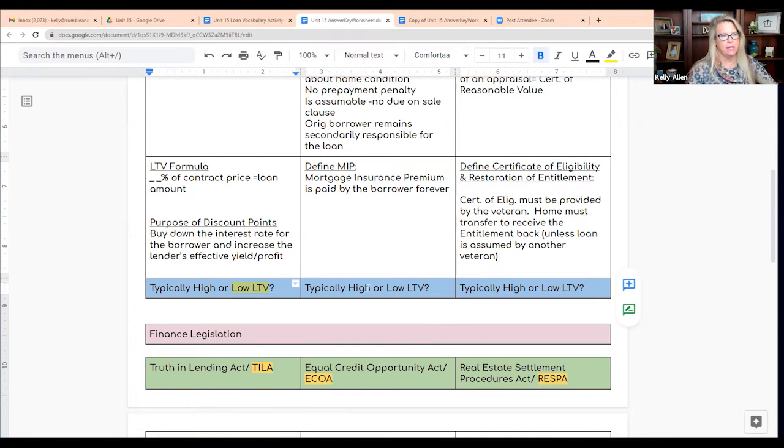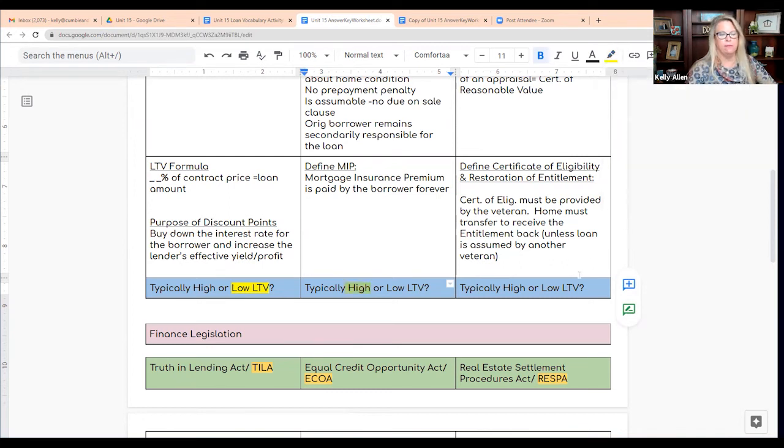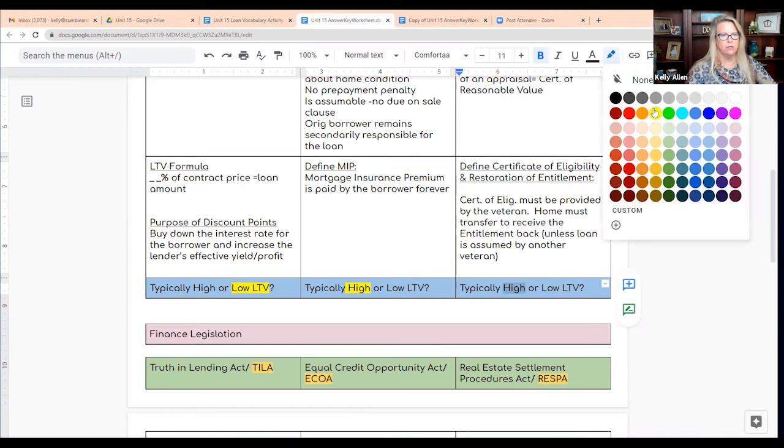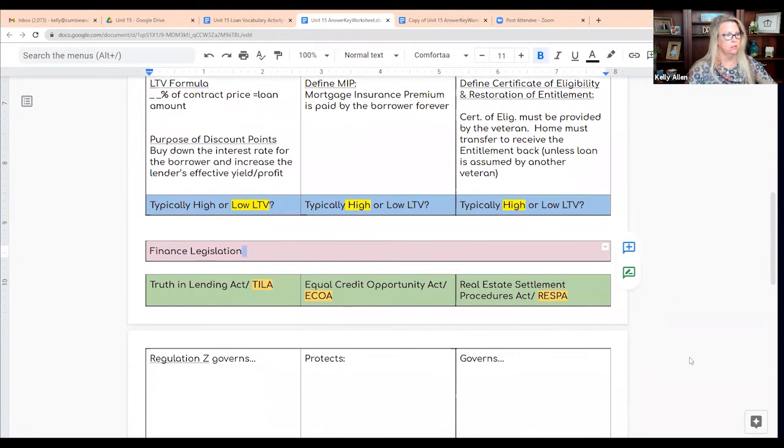In this case, it's going to be a high LTV. And with VA, it's also going to be a high LTV. That's 100% financing. Very good. Oh, by the way, did you notice that with VA lending, you don't have to carry that mortgage insurance premium?